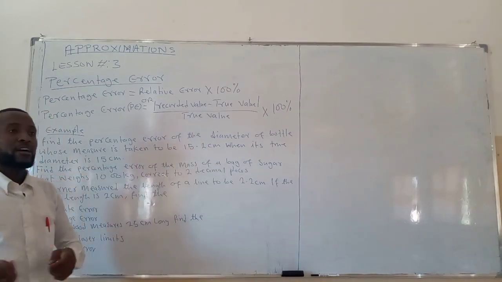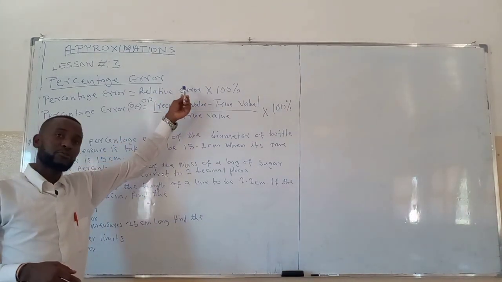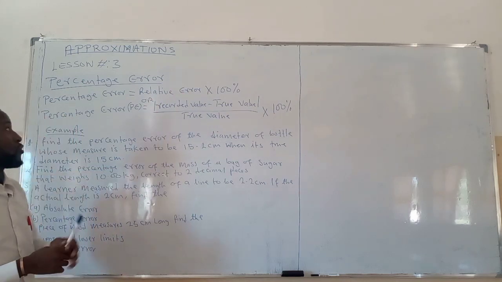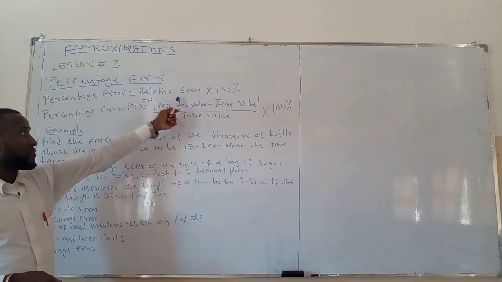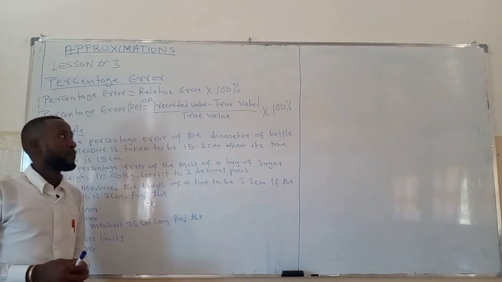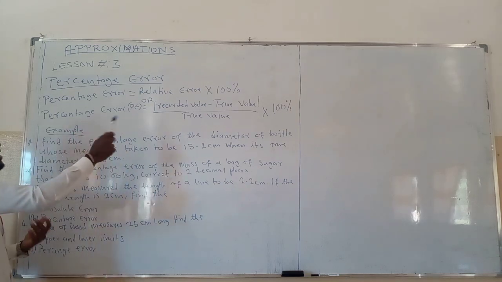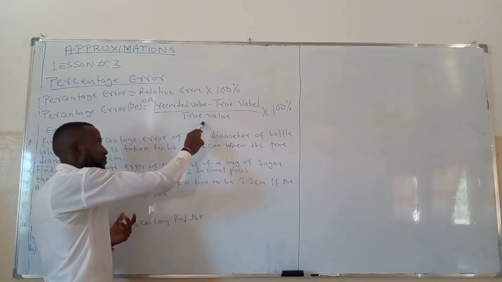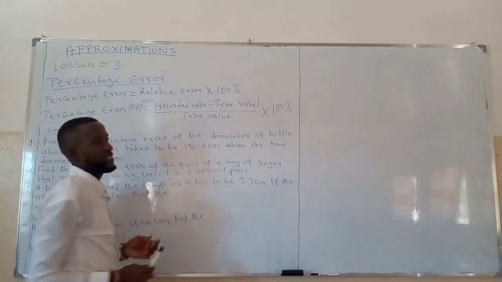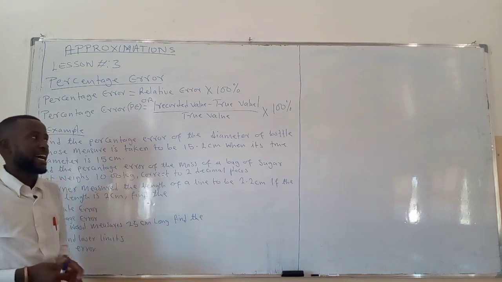Relative error, remember, in lesson 2 we looked at how to find it. So the only thing you need to do for percentage error is to multiply relative error times 100%. Alternatively, you can use another formula: recorded value minus true value, divided by true value, times 100%. You can use either formula and you get your correct answer.